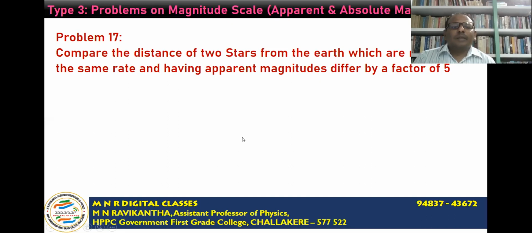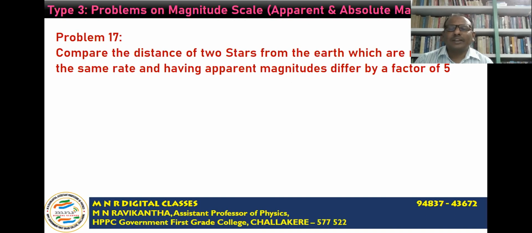Next problem, compare the distance of two stars from the Earth which are radiating at the same rate and having the apparent magnitudes differ by a factor of 5. So in this problem, we have two stars whose distance is to be compared, and those two stars are radiating at the same rate. It means that their luminosities are same and their apparent magnitudes differ by a factor of 5.